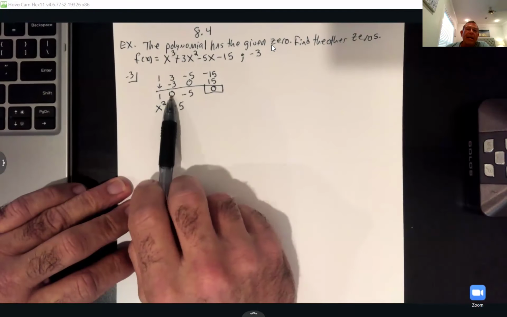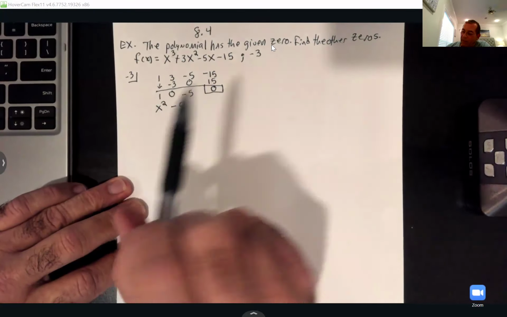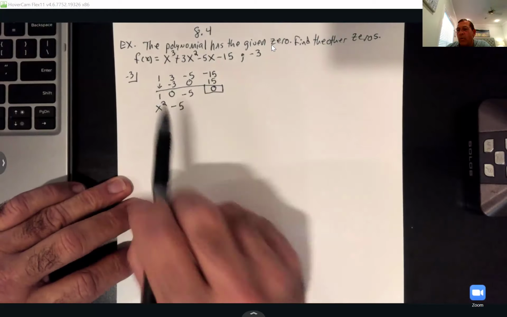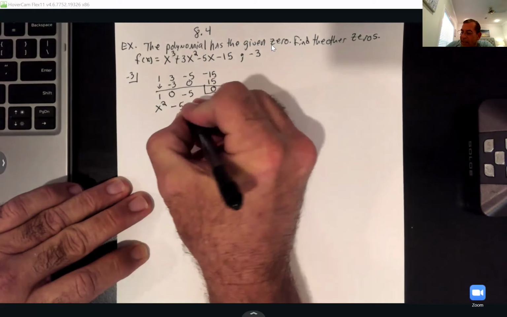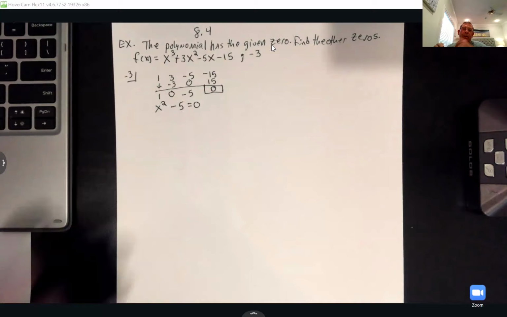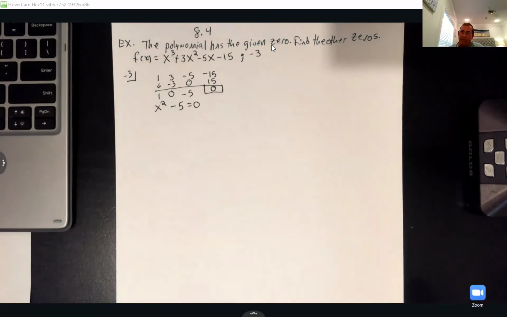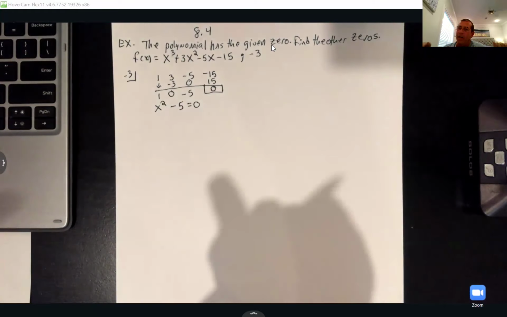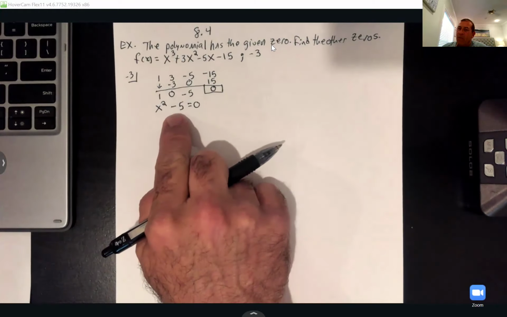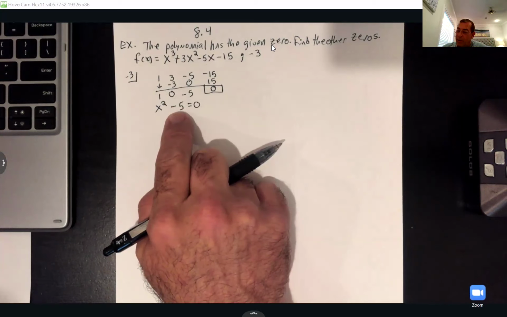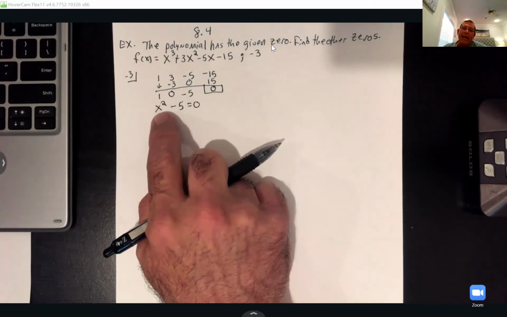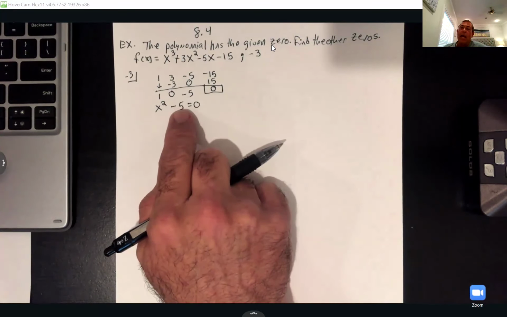All right, so I don't have to put the x in the middle because it was a 0. So now we got an x squared. We're going to set this equal to 0 and solve it. Once we get down to the x squareds, we're either going to solve them by square roots, which is what I'm going to do to this one. Or if I had the x squared, the x, and a number, I would probably use the quadratic formula.